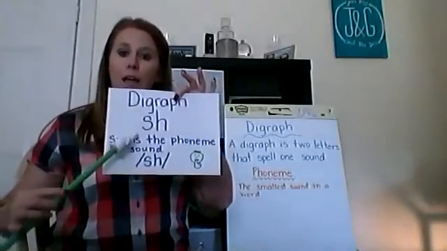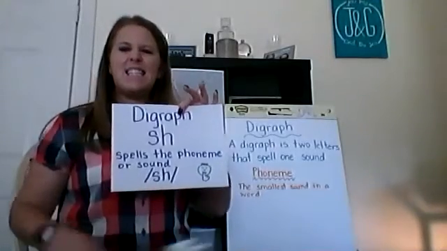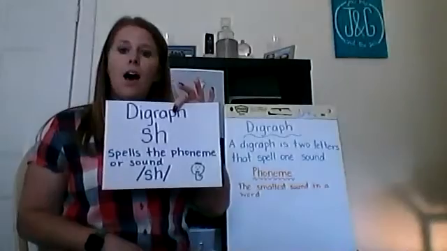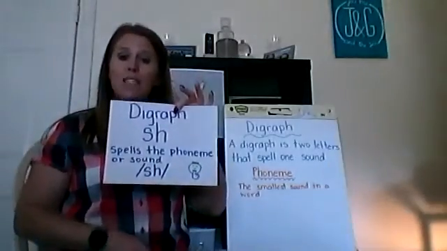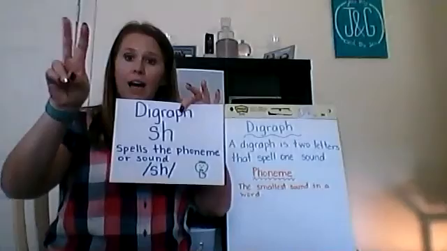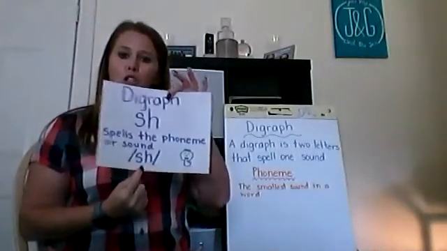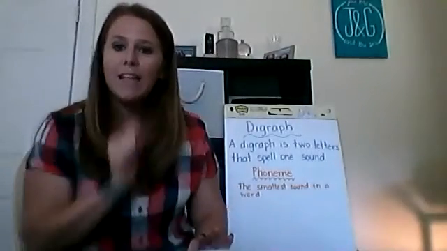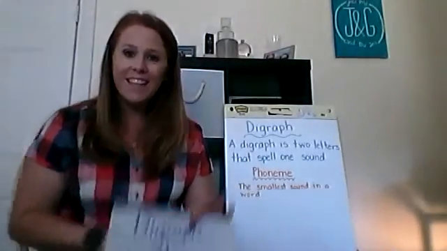Now I know that S by itself says s, and H by itself says h, but when I put those two letters together, they come together to make that one sound, shh. Just like my friend here is saying, shh. Like someone's telling you, shh, it's time to be quiet.